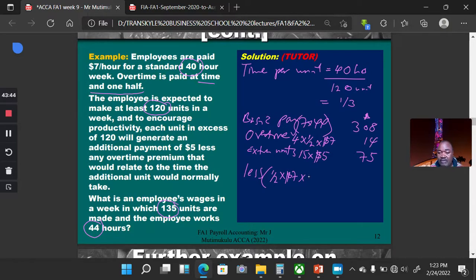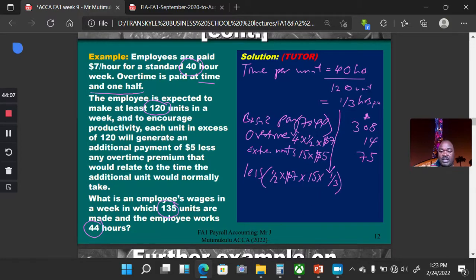So the number of units were 15 units multiplied by how many hours per unit? We calculated this here, the 1/3, and we slot this figure in.